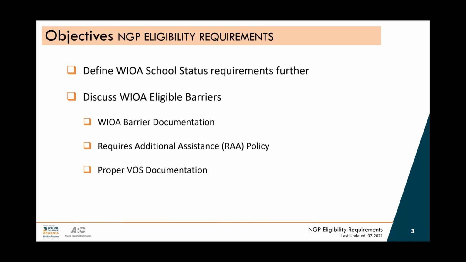Tomorrow we will actually have Denise Dixon going over how to start an application in VOS. But I just have a couple of slides on here that tell you in general what you need to have in there in order to get started. And the last thing we'll do is learn the steps to collect the low income verification if you need a low income.